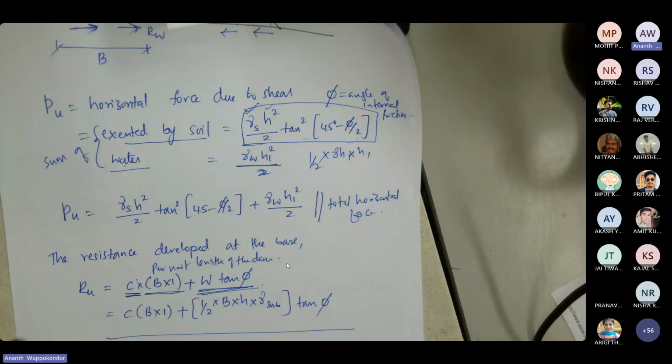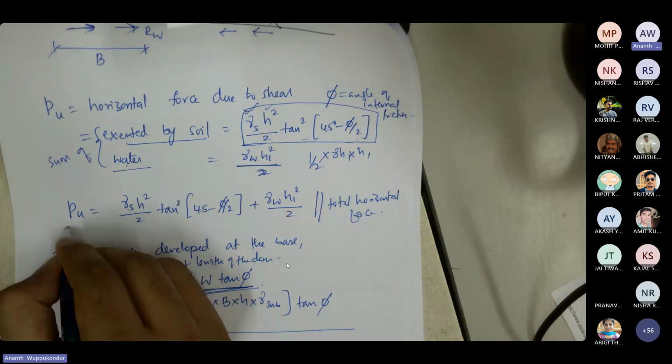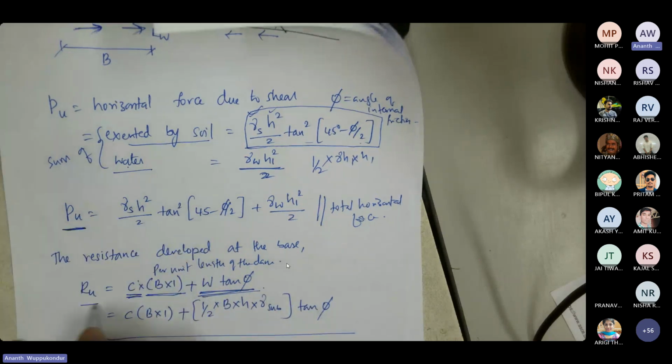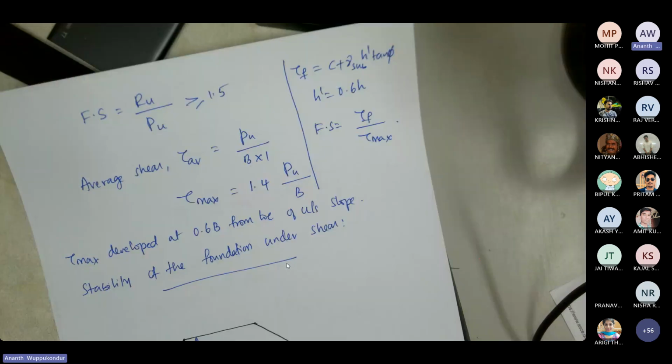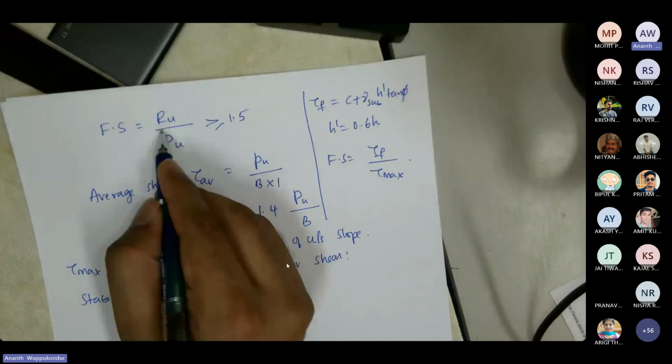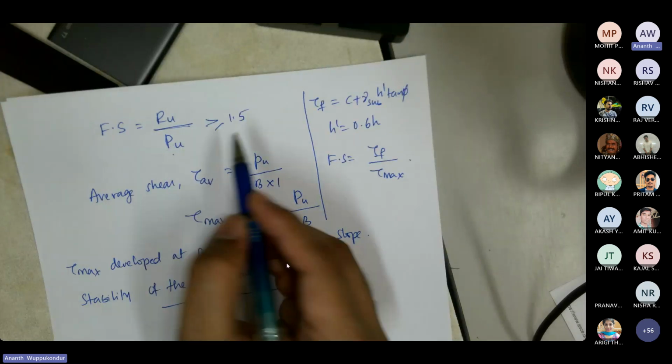So we have the destabilizing force, which is Pu, and the resisting force Ru. So for the factor of safety, you take the ratio of the forces Ru and Pu, and the factor of safety should be more than 1.5.